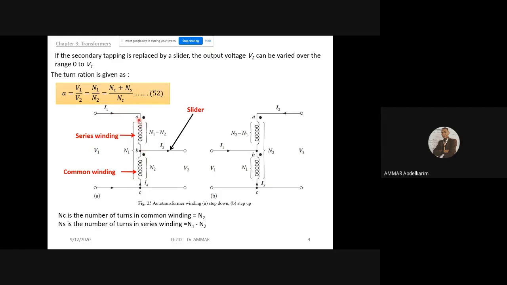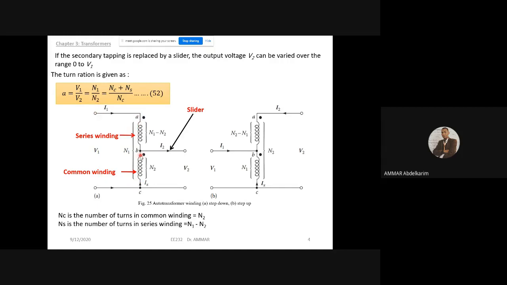And NS is the series winding, the winding between A and B, over NC, the common winding. Using the same rules of the conventional transformer, here we can obtain a variable voltage with the same turn ratio, a equals V1 over V2, and it's equal to N1 over N2.